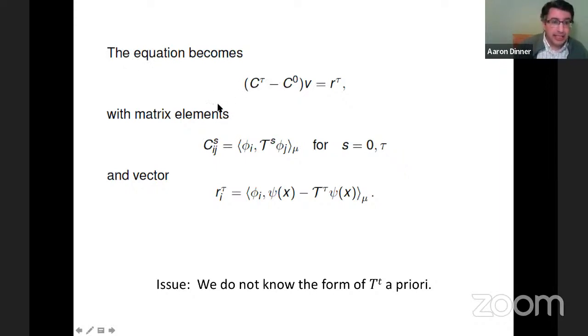So these matrices C have elements that are of this form, phi_i, T, phi_j. And the issue is that in contrast to quantum mechanics, we don't actually know the form of T explicitly. If this was a simple diffusion, we could write down a differential operator.